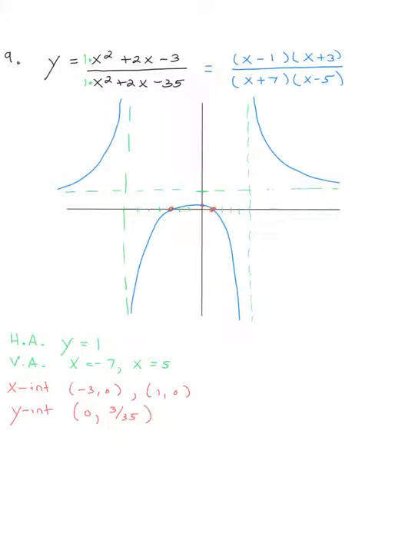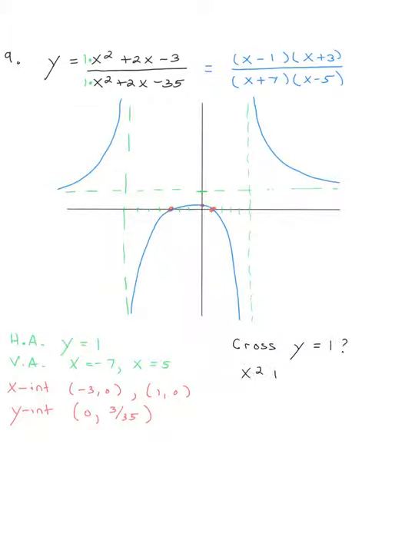There is one last thing I'd like to check in this example: does the graph cross over the horizontal asymptote? The way to check this is, take your equation, set it equal to 1, and solve for x. Let's do that. So I'll say, does this cross y equals 1?